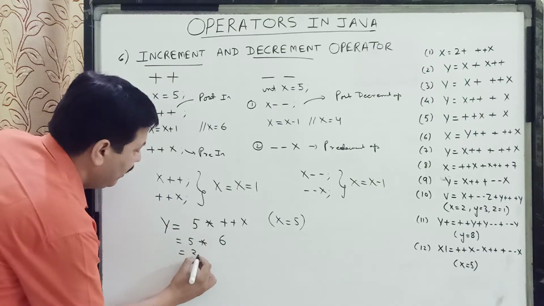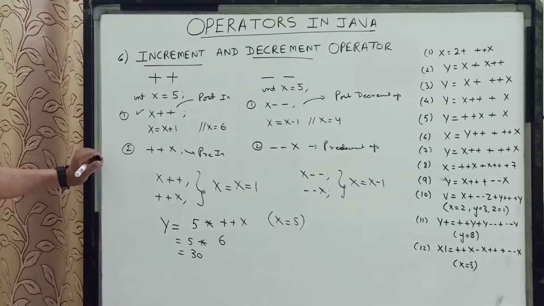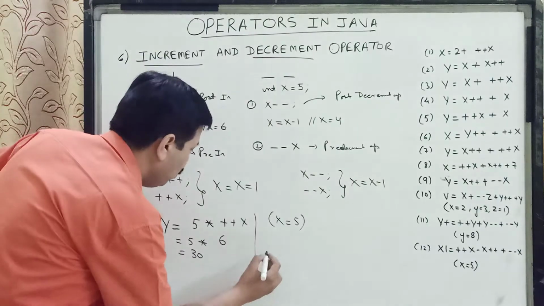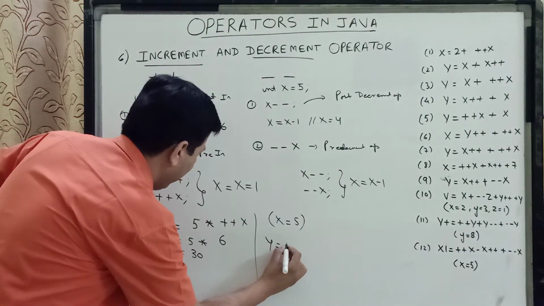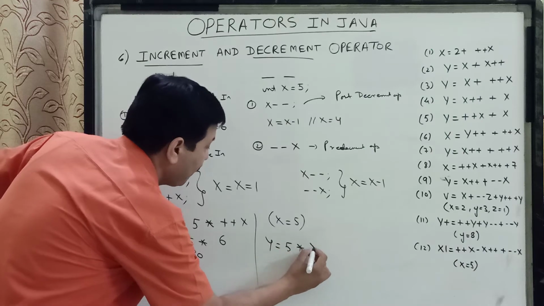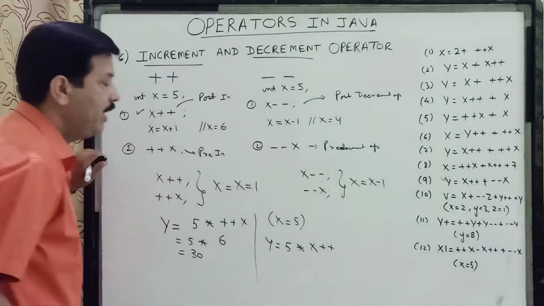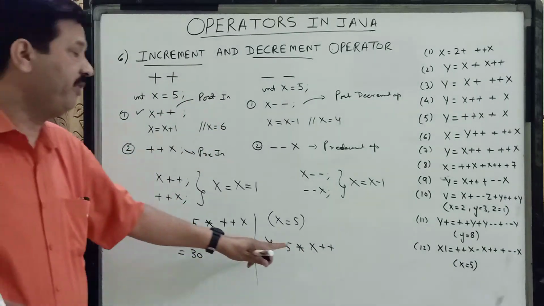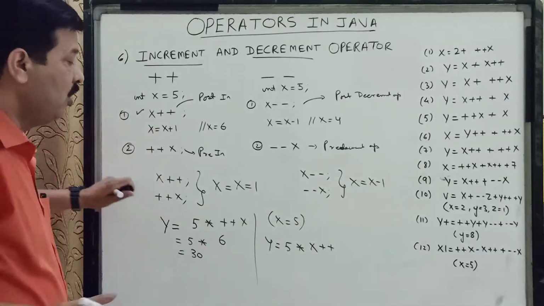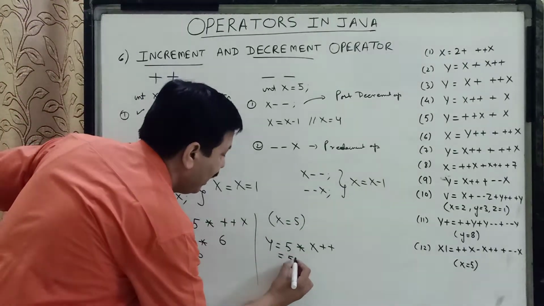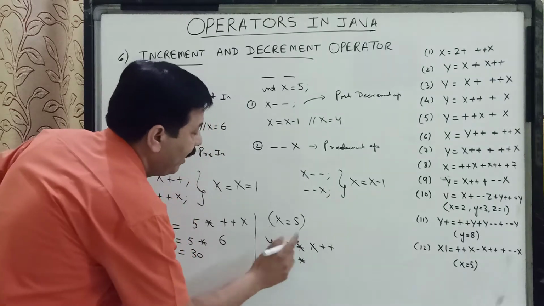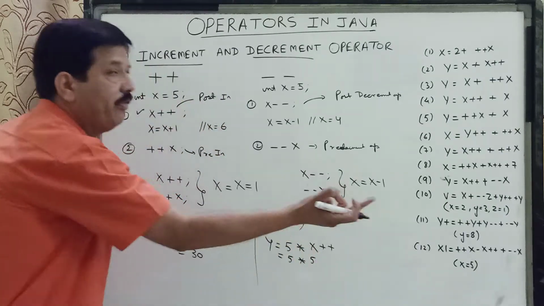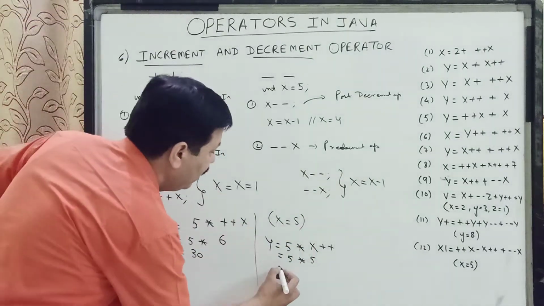So the answer will be 30. And in the same way children, if I use it like this, y = 5 * x++, then this operator first uses its value and then changes its value. So the value becomes over here 5 into 5, since x is 5, so 5 will be used and then its value will be increased, so it will be 25.